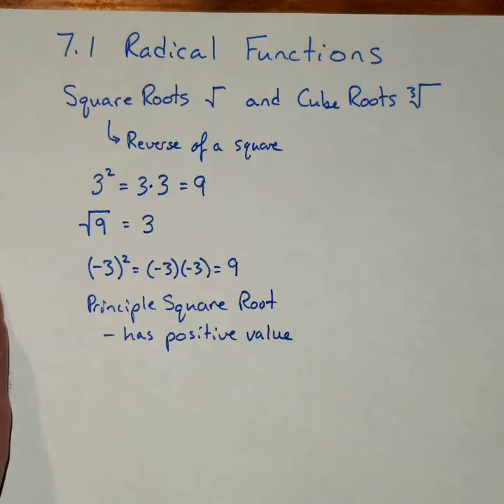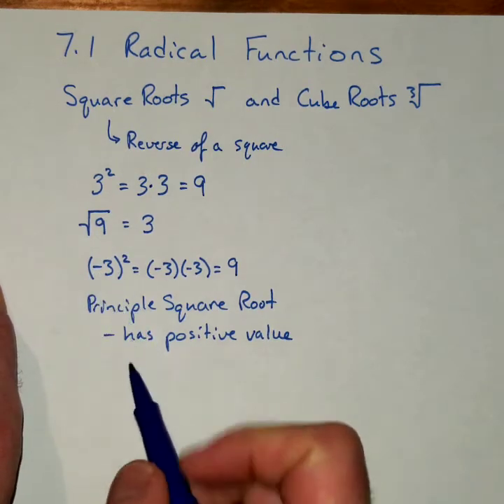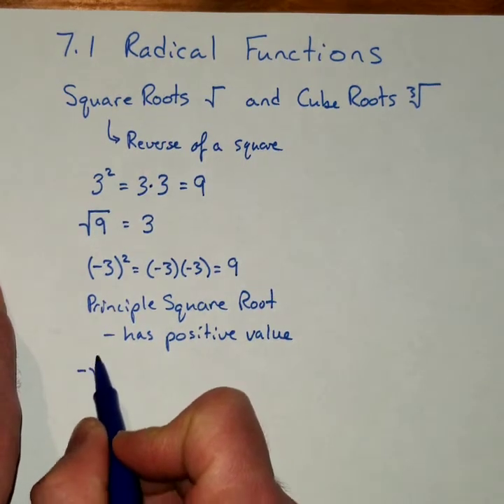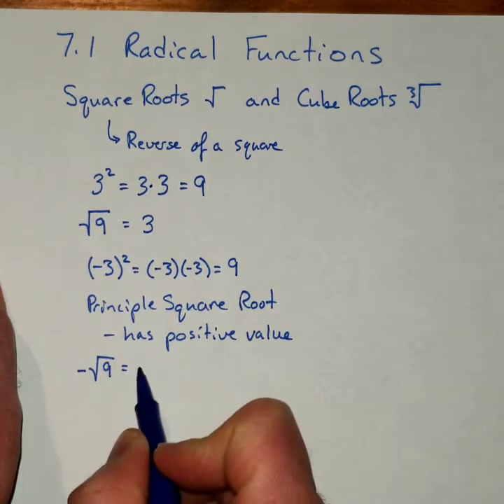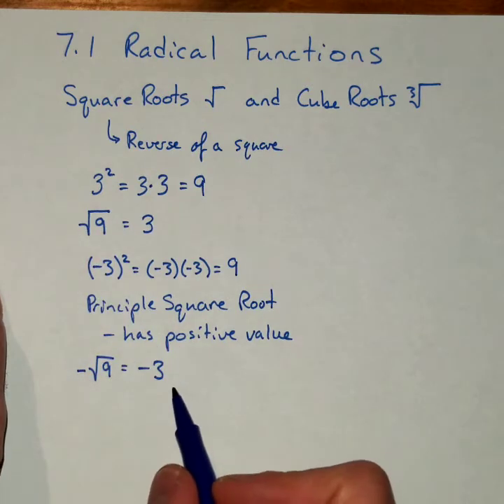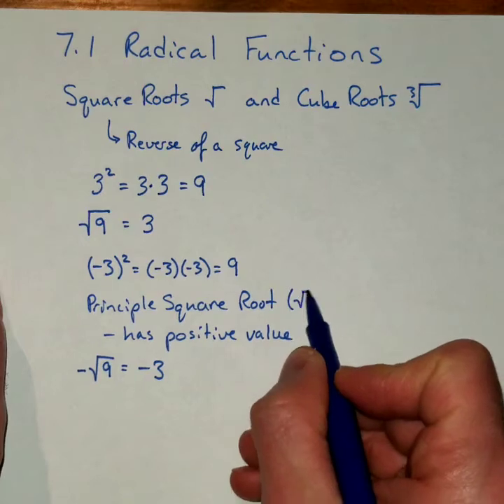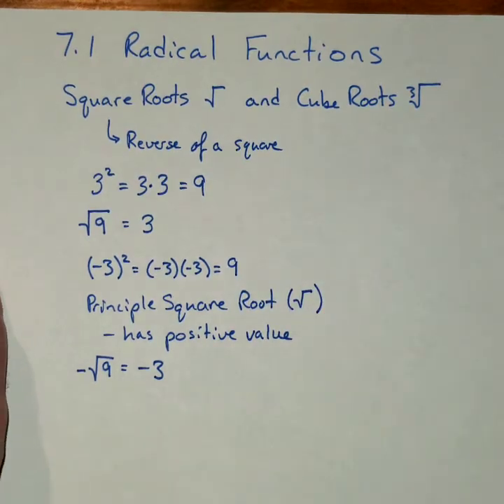Now, if we wanted the negative 3, because there are times where you want to have the negative one, we'll specify it by writing negative square root of 9 would equal negative 3. Okay, the negative principal square root. So this notation here is what we call the principal square root. Okay, that's the positive one. And then if we want the negative, we'll put a negative in front.